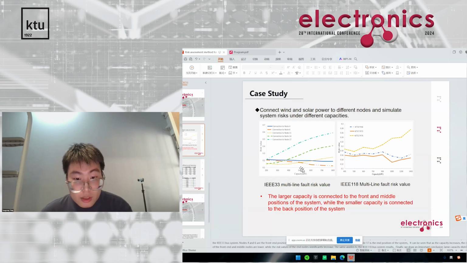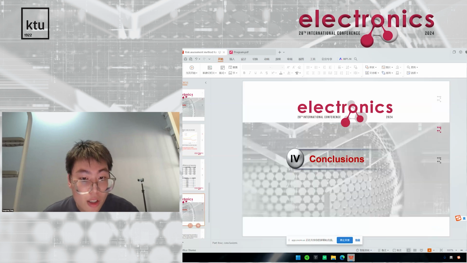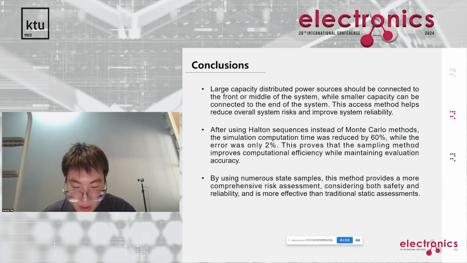Then next, part 4, conclusions. Regarding the issue of security risk assessment in distribution networks, this paper proposed a method for security risk assessment in distribution networks with distributed power sources, taking into account line reconfiguration.